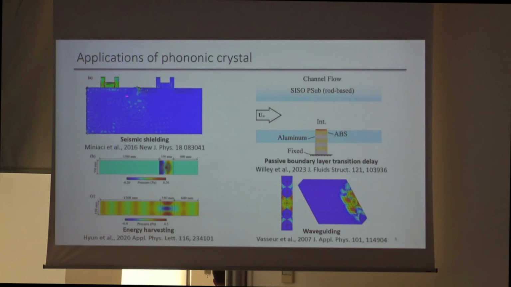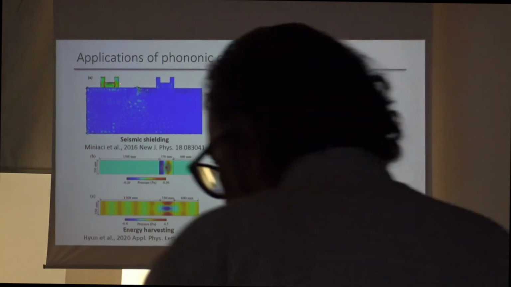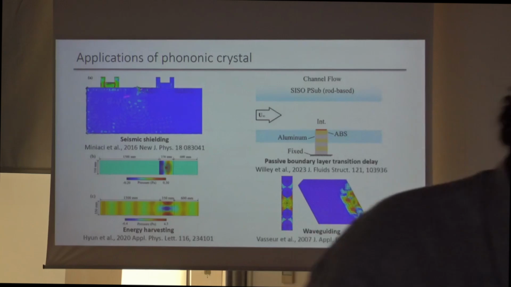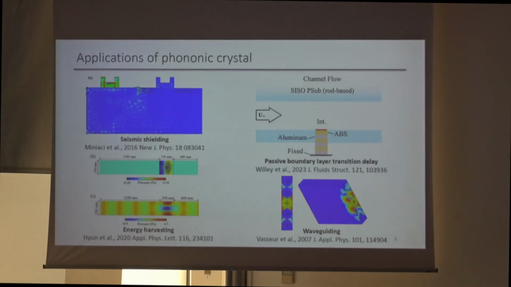If you don't have the phononic crystal next to it, the building shakes; here you can barely see it, but there are phononic crystals embedded into the soil. If you have the phononic crystal, then your building is not shaking. If you don't have it, you have significant displacements within the building. So phononic crystals can either attenuate or simply reflect the seismic waves.